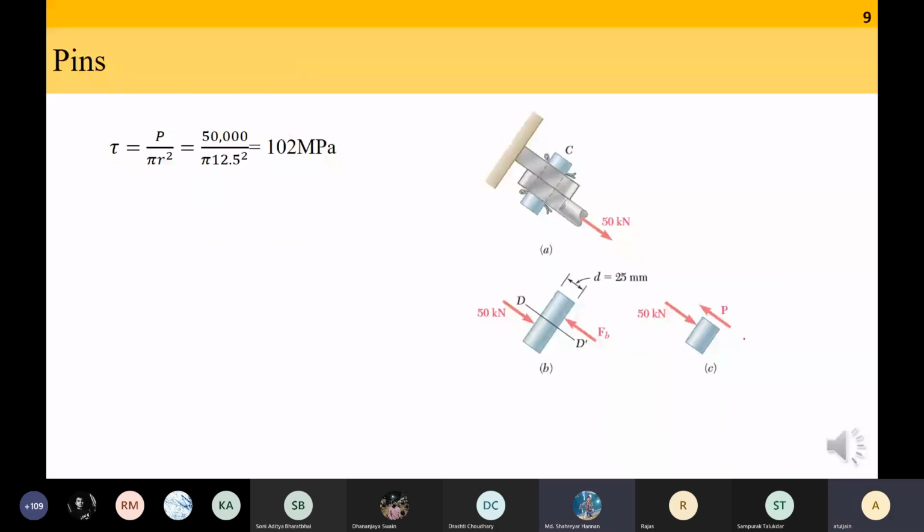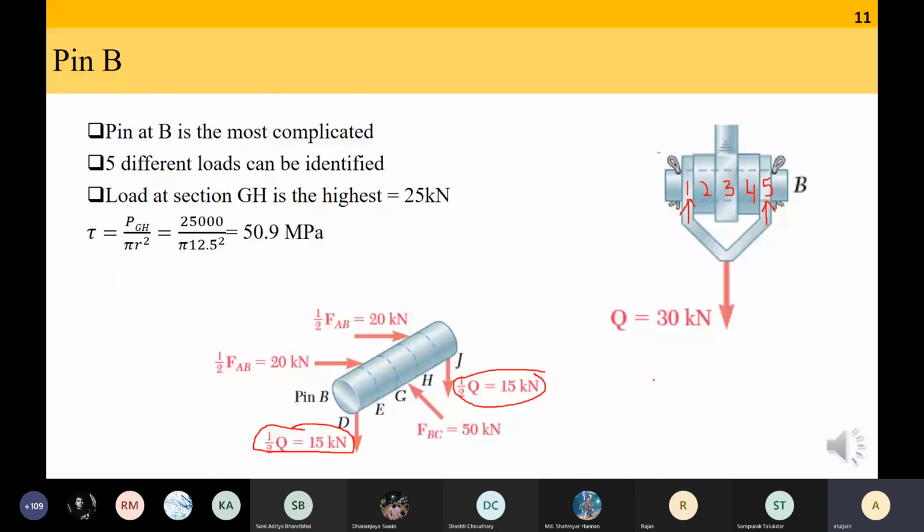Now, once you do this, you realize that at different sections of the pin, there are different loads and the cross section is same, so there are different stresses. We have to identify the cross section where this load is highest, which is in this region, and calculate the shear stress based on this. Okay? Sir, can you say once again? I am saying that there are 5 parts.